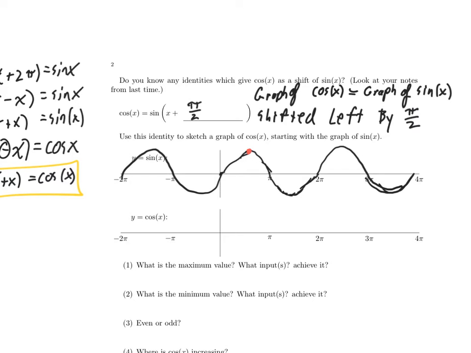So let's take this graph and shift it left by pi over 2. Remember, this point right here is at pi over 2 comma 1. Shift that left, it'll become 0 comma 1. This point right here is at pi comma 0. It will now become pi over 2 comma 0. This point right here at 3 pi over 2 comma negative 1 will become this point, and maybe you notice a pattern. We'll see a graph that looks something like this.